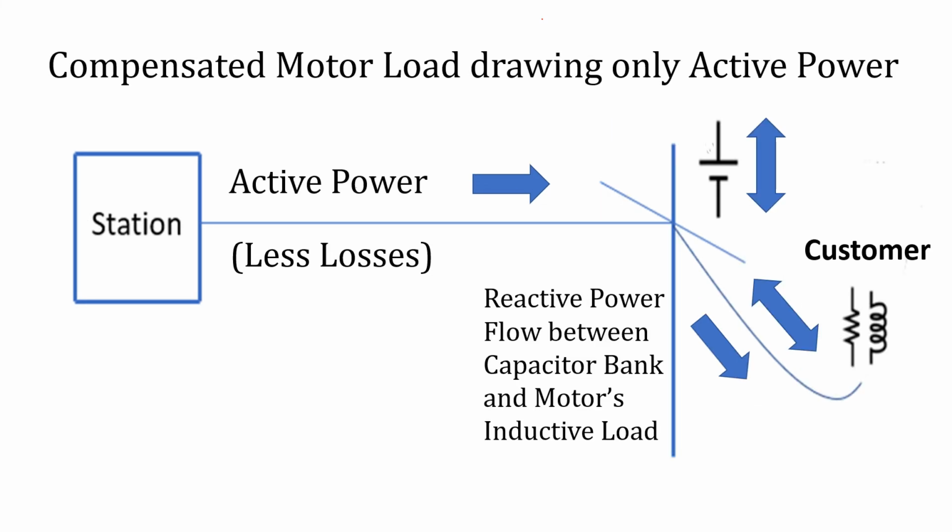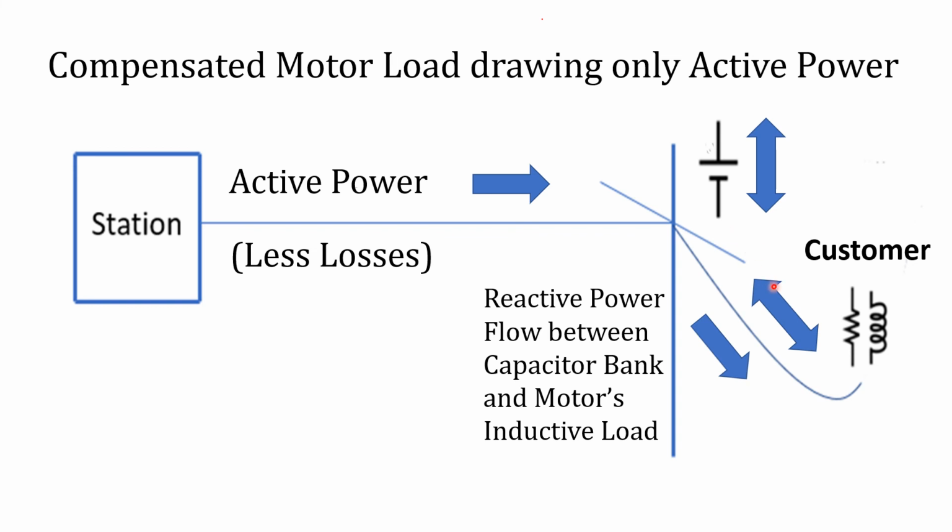In this slide, that's exactly what we've done. We've added a capacitor on the customer's pole that compensates for the motor's reactive draw. Because the capacitor and the inductor are the same size, when the customer's inductor is removing energy from the circuit to store in its field, the capacitor is returning that same amount of energy back to the circuit, and vice versa.